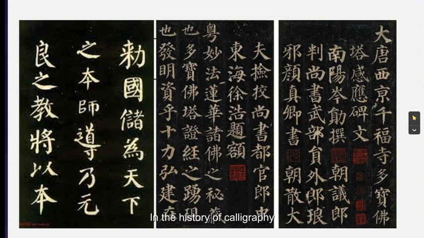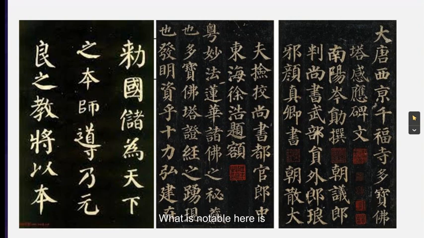In the history of calligraphy, Yan's art is commonly divided into three periods: the early one, when his style took shape, by the age of 54; the middle period, when it matured; and the late period from the age of 64 onwards.